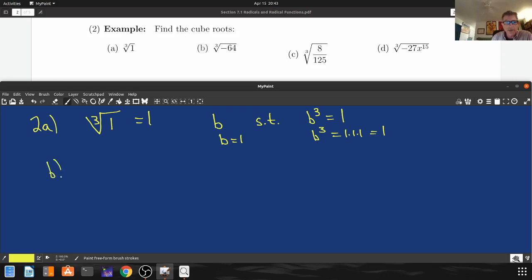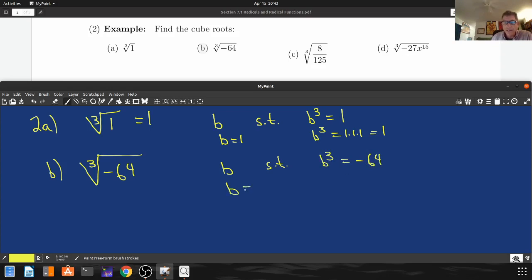Let's do 2b. Let's look at the cube root of minus 64. So again, by definition, I'm looking for a b such that b cubed is equal to minus 64. Well, we just found one, didn't we?